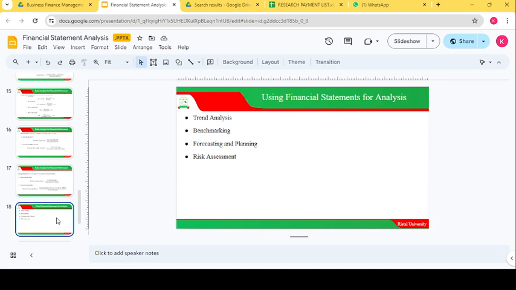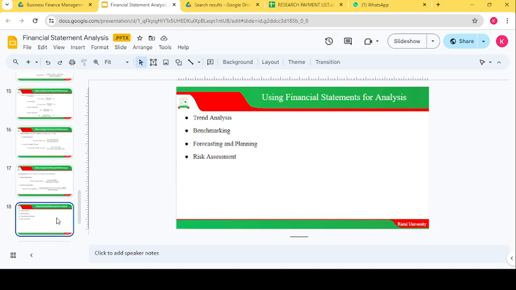And then let's look at using financial statements for analysis. We can use the financial ratios for analysis in the following ways. One, we have trend analysis, which is reviewing financial statements over multiple periods. It can reveal trends in revenue growth, expense management, and also profitability.